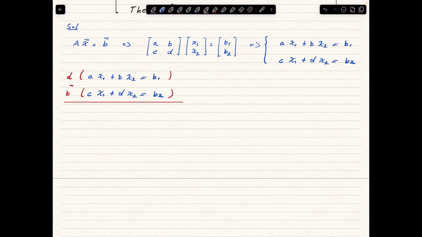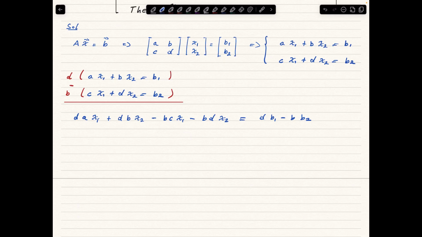We get d multiplying a times x1 from the first term plus d multiplying b times x2, and then we need minus these two products, so minus b multiplying c x1 minus b multiplying d x2, and this is equal, in the first side we have d times b1, and then minus b multiplied by b2.